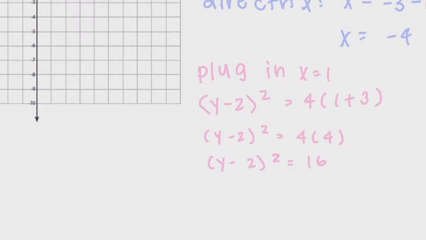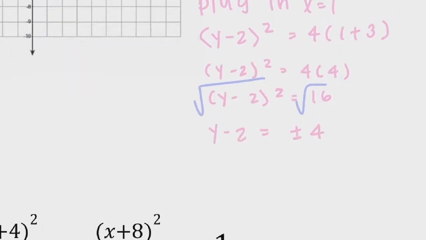And then we can square root both sides. So we get y minus 2 equals plus or minus 4. So here we'll have to split it into two equations. We have y minus 2 equals 4 and y minus 2 equals negative 4. And then solve for y. So we get y equals 6 and y equals negative 2.